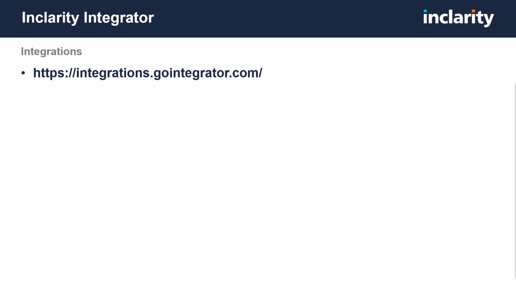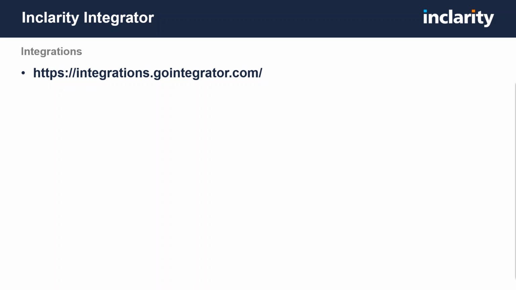The GoIntegrator website allows you to type in the name of any third-party CRM or application, and it will give back any results found in their database. If you have searched for something using the website and there are no matches given, it is not impossible to integrate with that CRM, but we will get into more of that in just a moment.